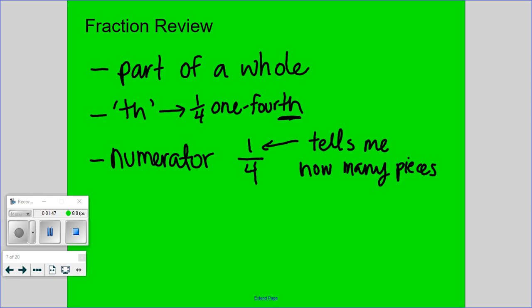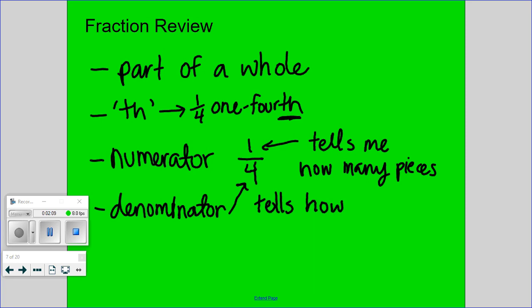So in the example of 1/4, I have one of the pieces that it's partitioned into. The denominator, which in 1/4 is our bottom number, tells me how many pieces it's partitioned or broken into.